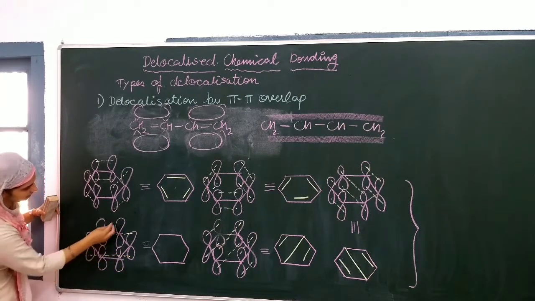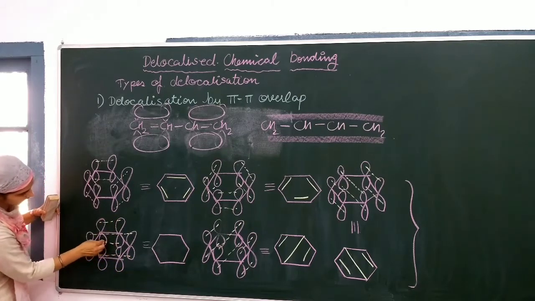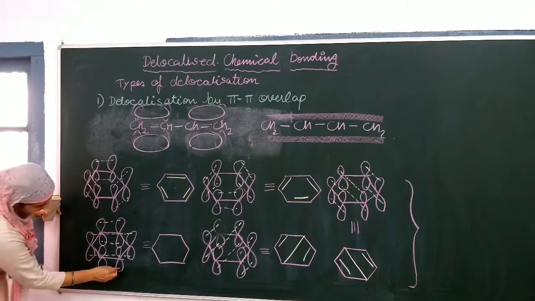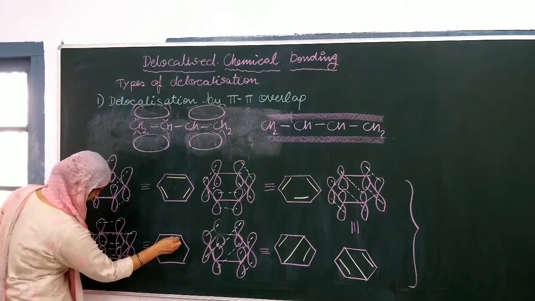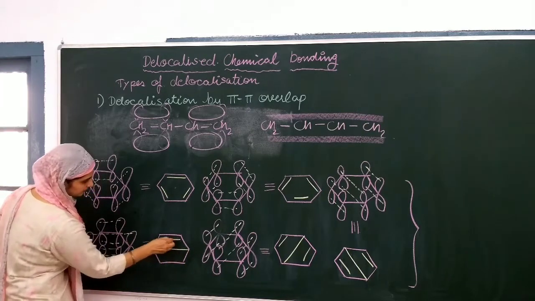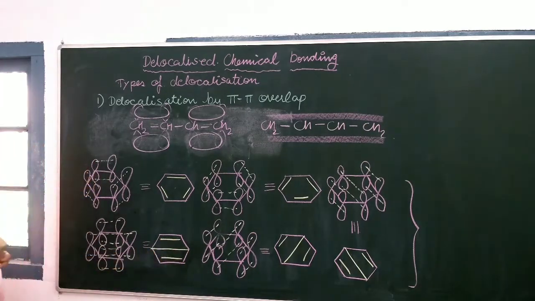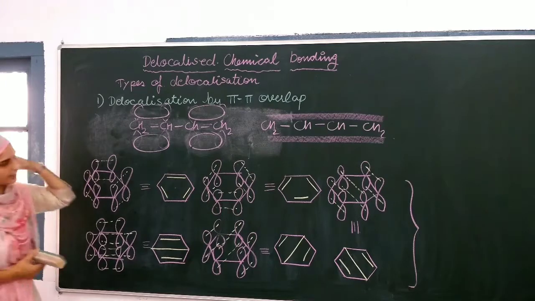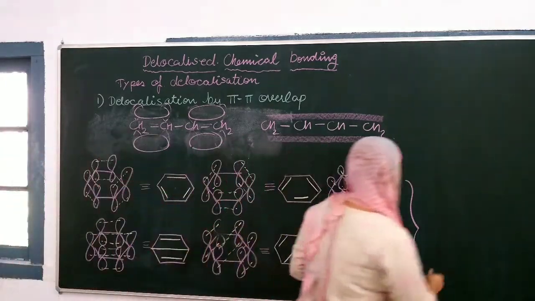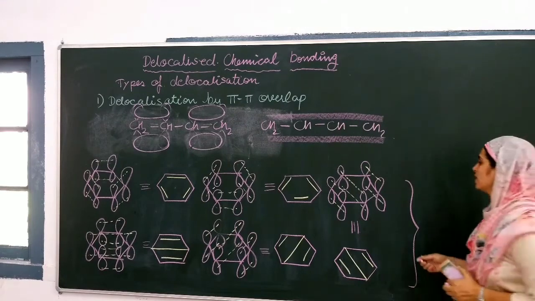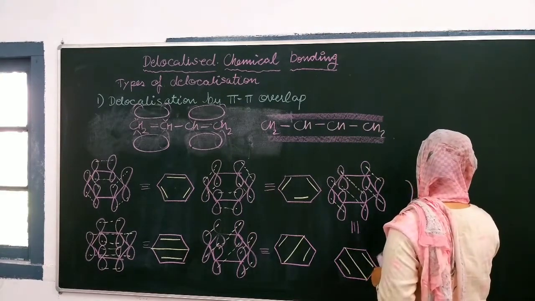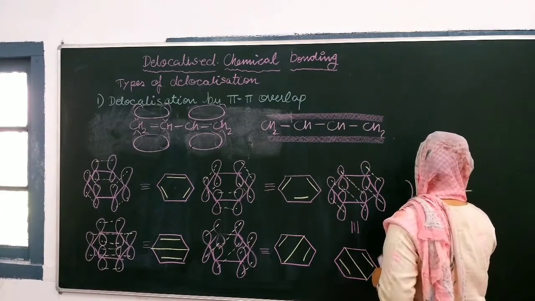The last three are Dewar structures, and the first two are Kekulé structures. So we can draw here the combination of all these canonical structures, which is known as the resonance hybrid.